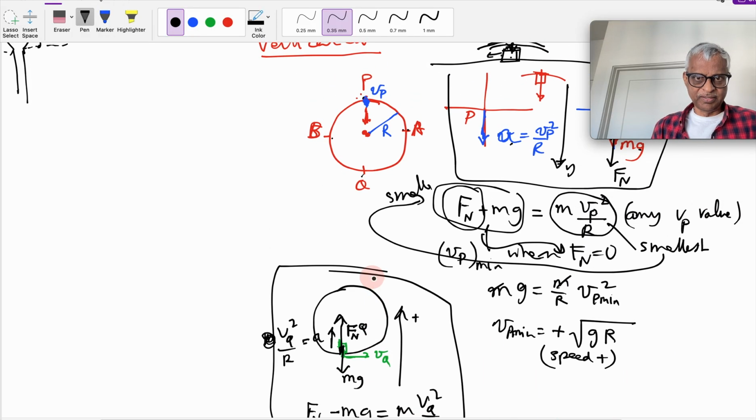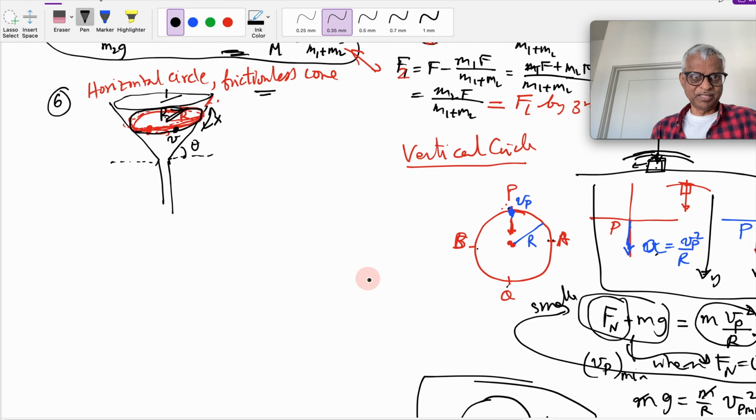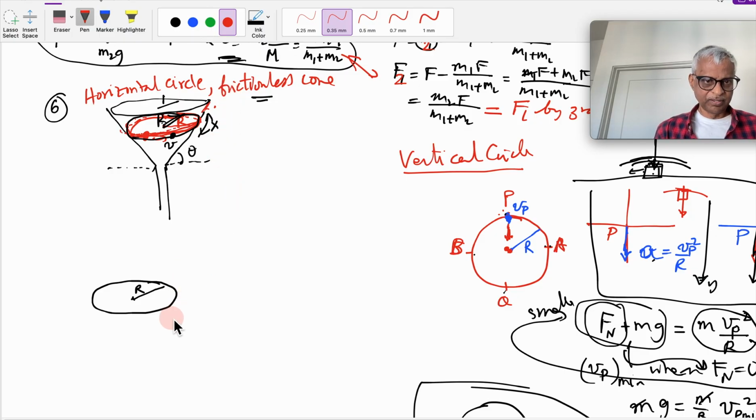All right, so try doing what will happen over here. Okay, now let's move to our last example today. So it's a horizontal circle. It is going in a circle like that, and the radius is r. Sometimes theta is given here and this distance here.